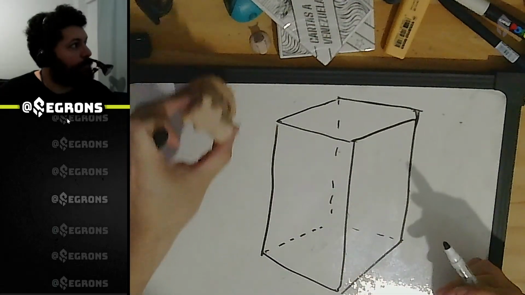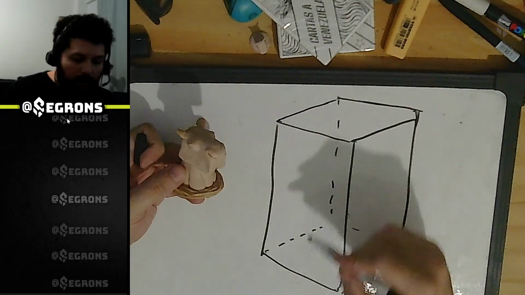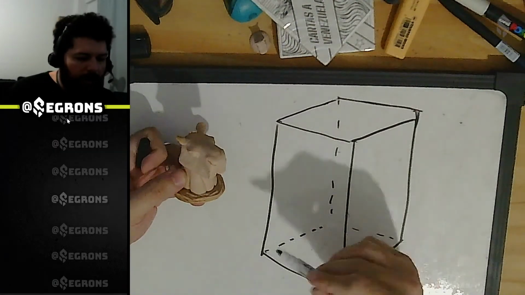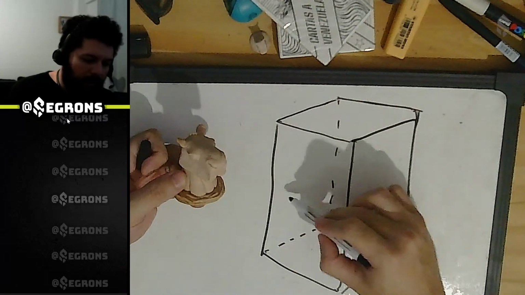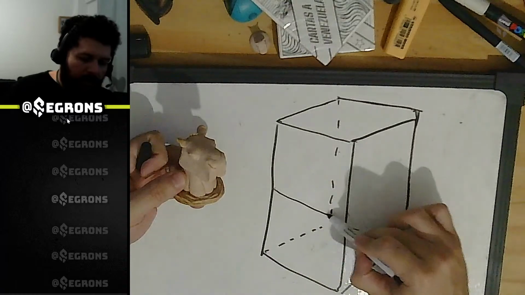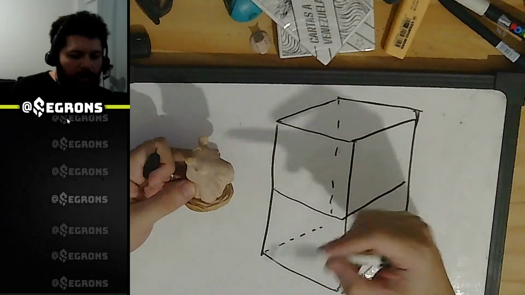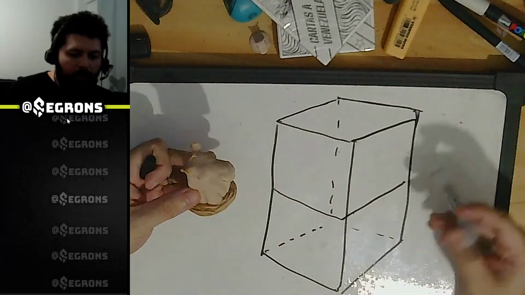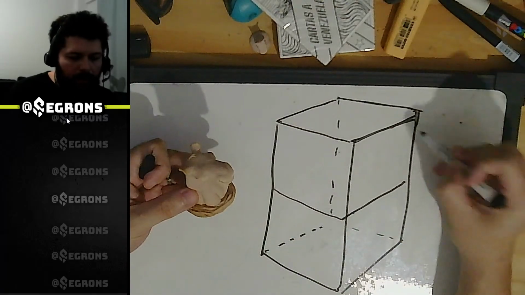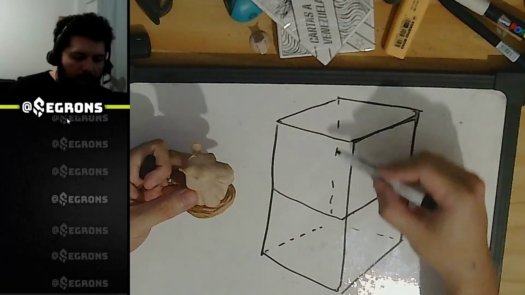And if I want to start breaking it down into different parts, I can divide this into two. This would be the head, right? Let's say this is the head, and it would be contained within that.